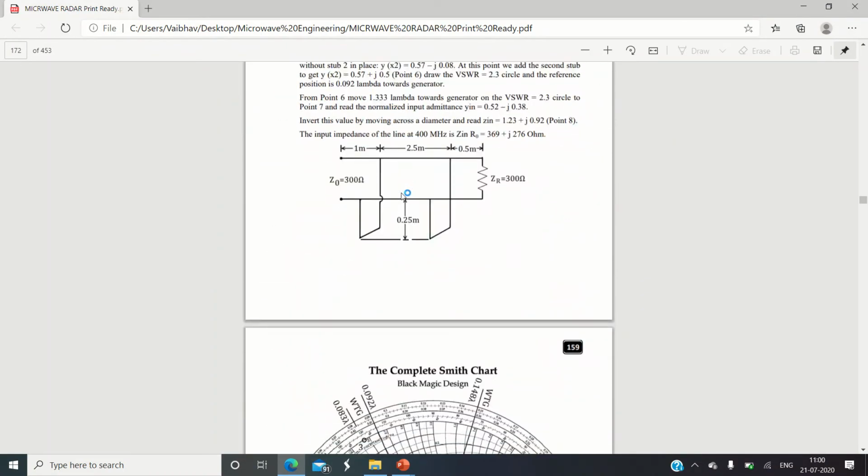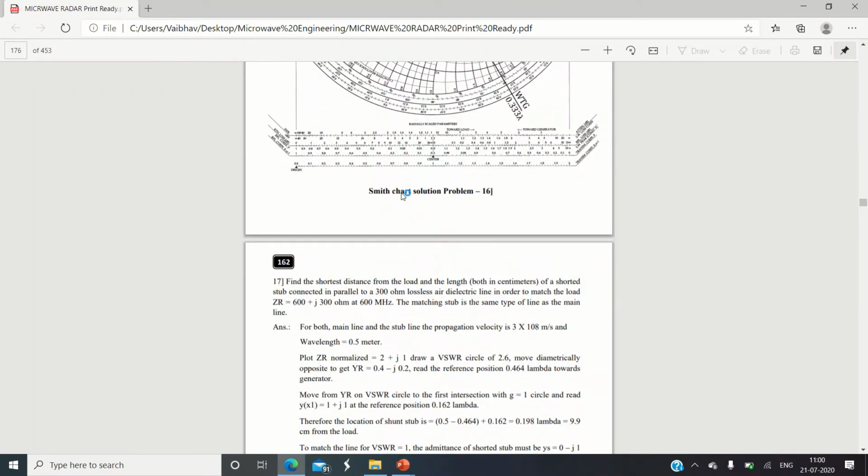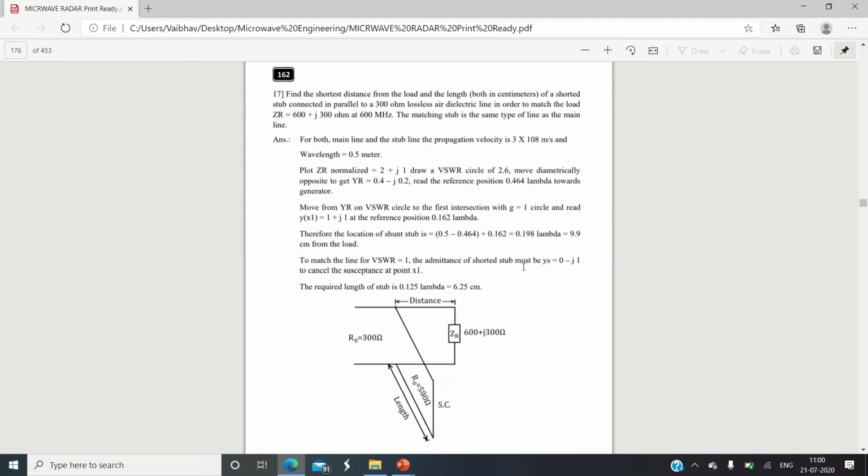Let us solve it manually, and see whether we get the same answer as given in this book. Also we will validate our answer by solving it using a simulator tool.